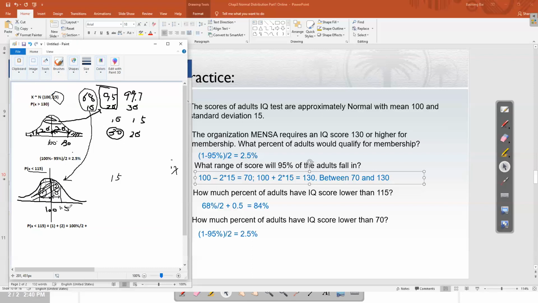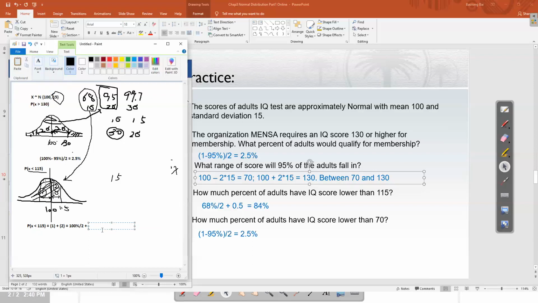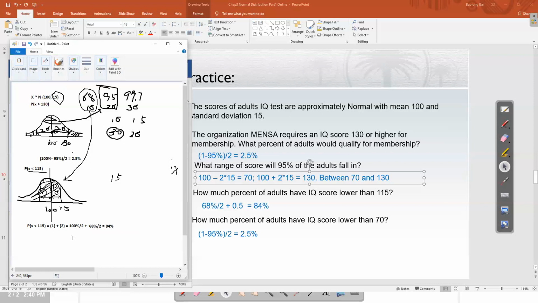Then if you just look at one side as part 2 alone, it should be half of 68%, right? So then you just calculate. You have 50% and 34%, so you get 84%. So that's the probability of X smaller than 115 using the empirical rule.